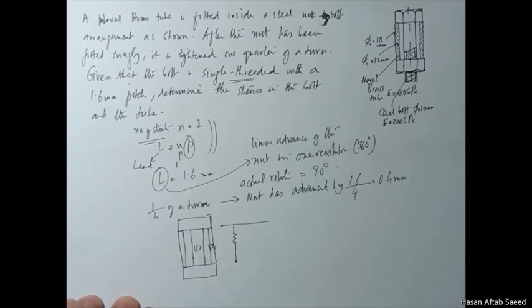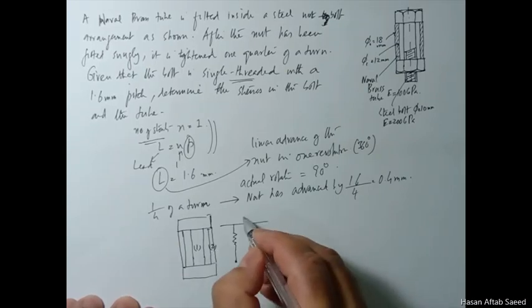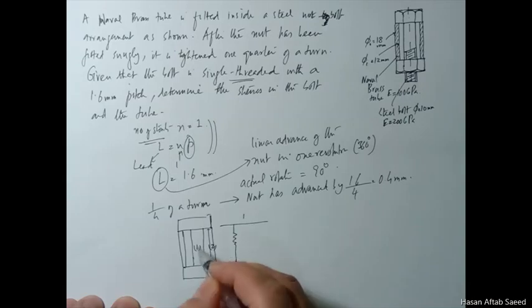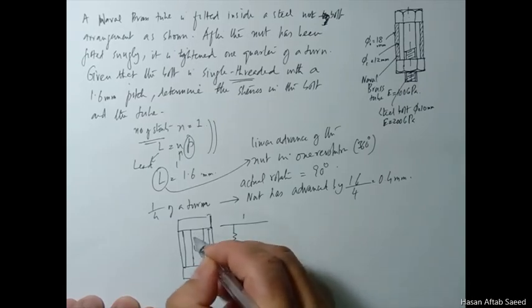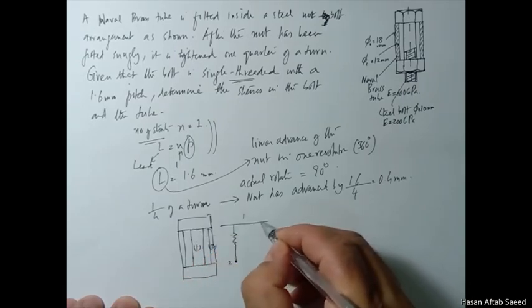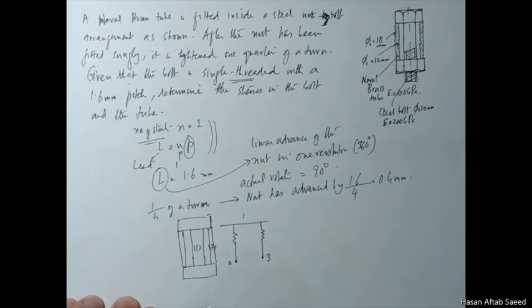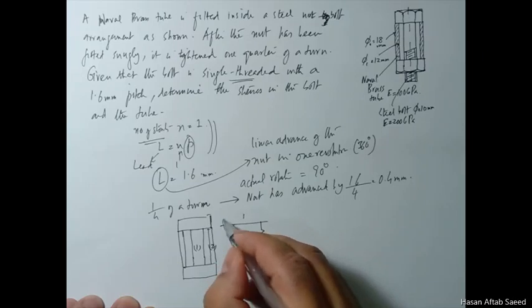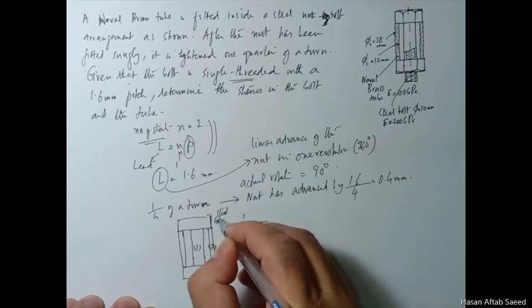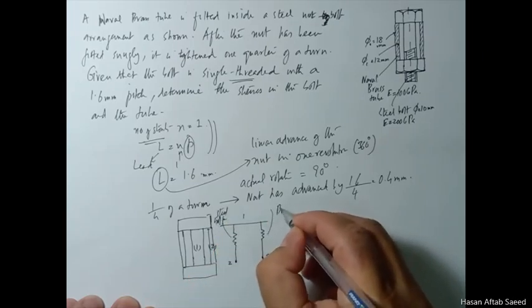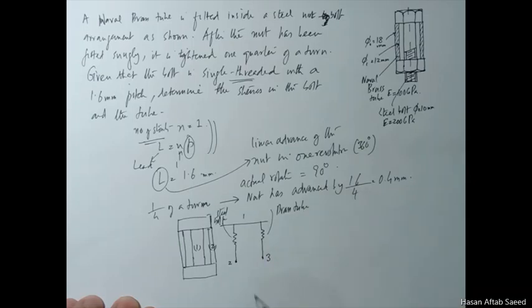Okay. Now, when we talk about nodes, this is node 1. Let's call this node 2. And this point is common, so this is node 3. This is steel bolt. This is brass tube. Now this is before the rotating of the nut, and this coordinate axis is very important.